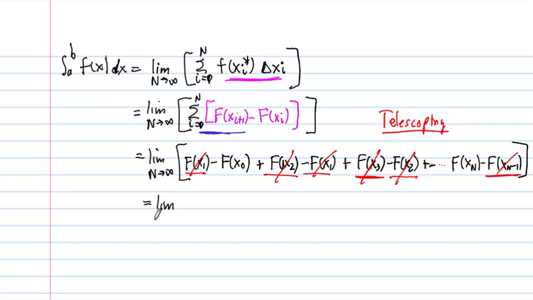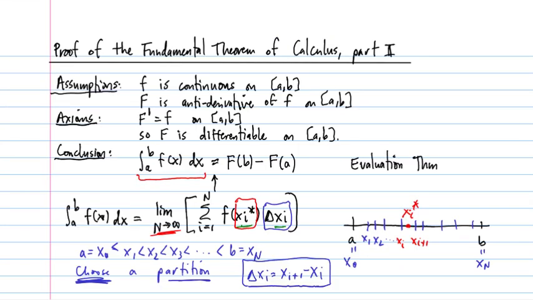This limit now becomes the limit as n approaches infinity, and the only things left are f of xn, which is positive, and f of x0, which is negative: f of xn minus f of x0. But these are constants. Remember, in our partition, xn always had to equal b, and x0 always had to equal a for any acceptable partition.